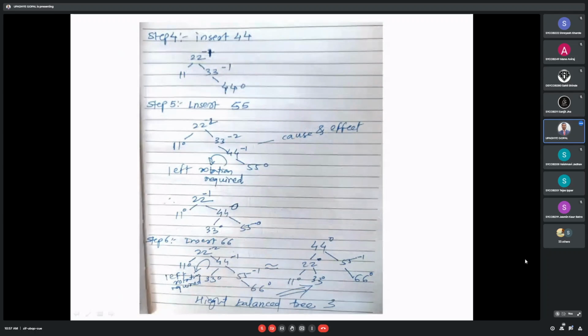Please practice, because unless and until you practice, it is not possible. We'll discuss the remaining things as this is the last part of unit number 4, and we'll start unit number 5 in the next lecture.